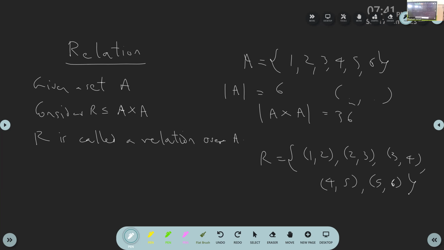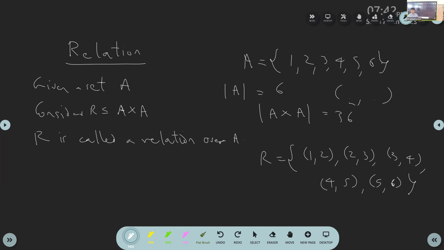So do you see that this R is a subset of A cross A? Because every pair occurring here is composed of 2 elements, right? Both are there from set A. So there is no problem. So I say that R is a relation.